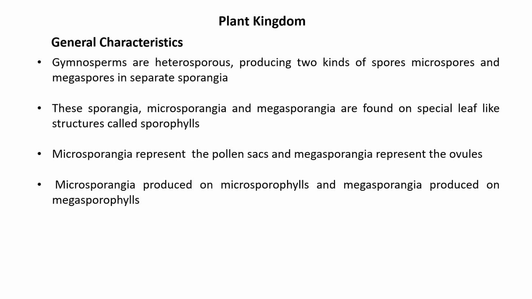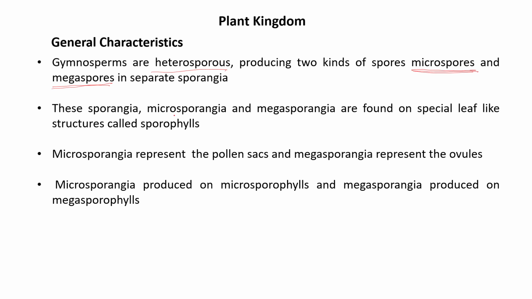Gymnosperms are heterosporous, which means two different types of spores are present. They produce two kinds of spores, that is, microspores and megaspores. Megaspores give rise to ovules and microspores give rise to pollen grains.